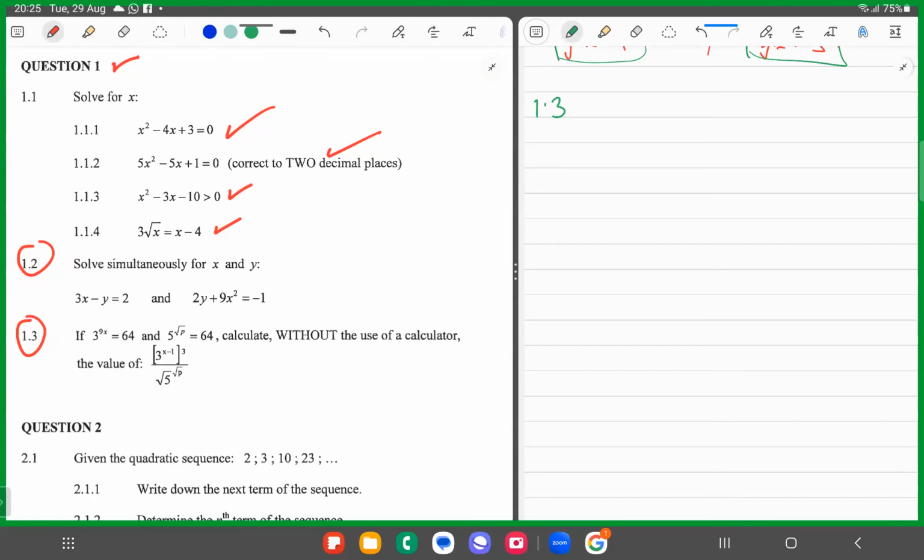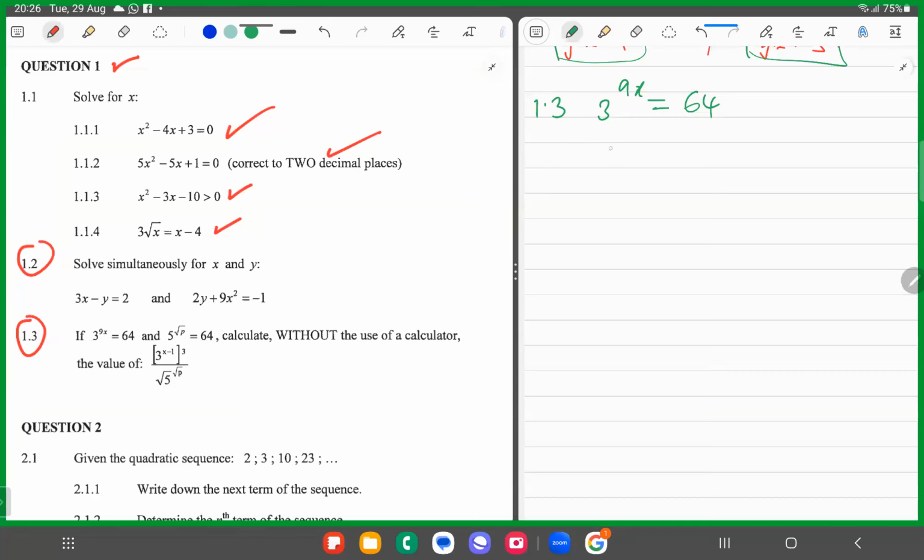Because now you need to convert the 3 to the 9x to something, right? So you need to just be a little bit creative, okay? So let us do this. We have been given 3 to the 9x, which equals 64.